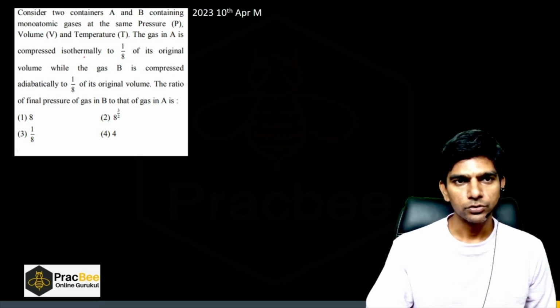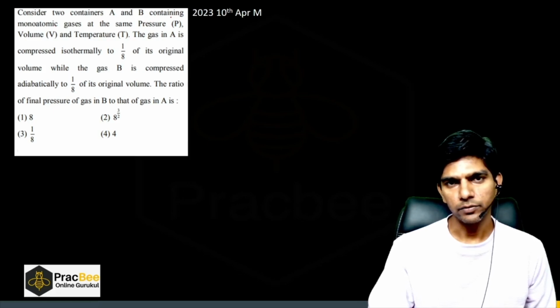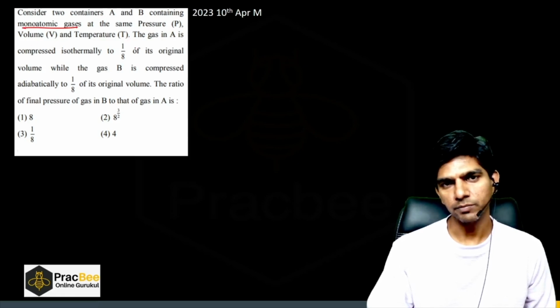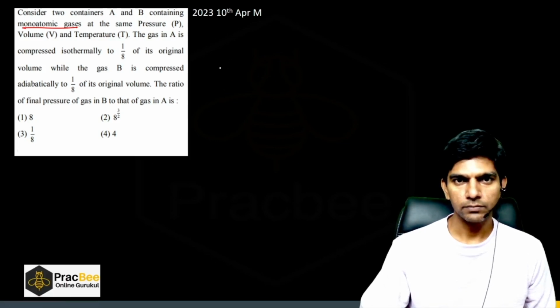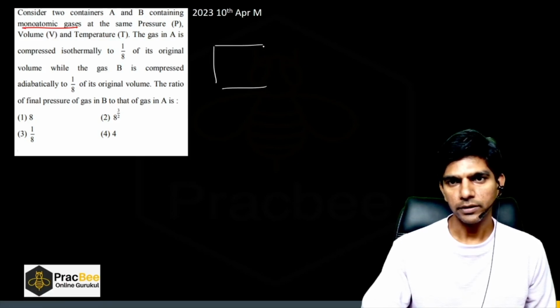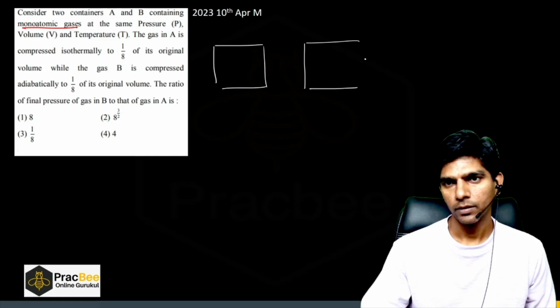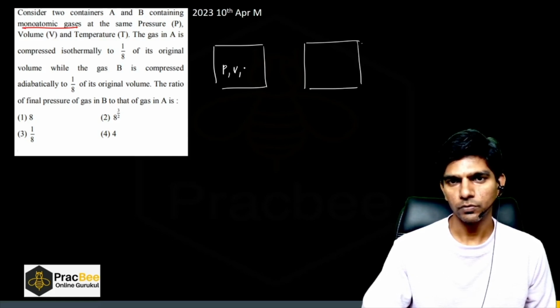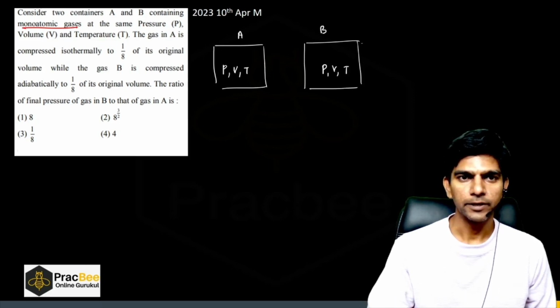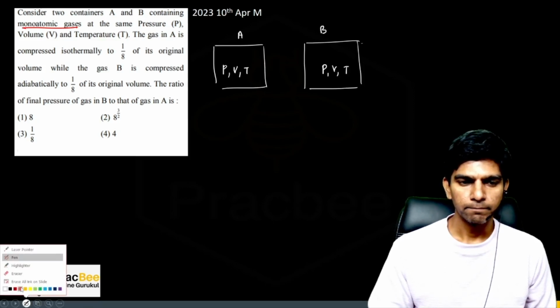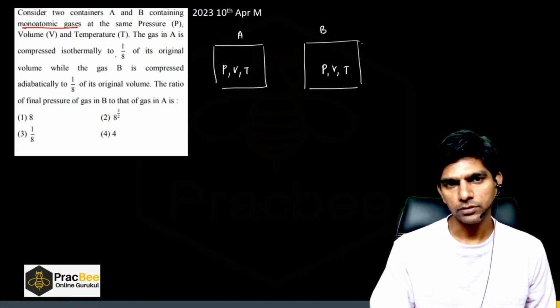Now in this question, consider two identical containers A and B containing monatomic gas, initially with the same pressure P, same volume V, and same temperature T. This is container A, this is container B. The gas in A is compressed isothermally to 1/8 of its original volume.